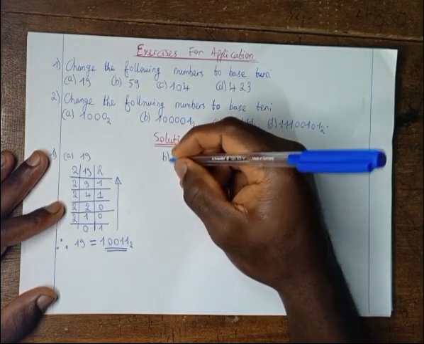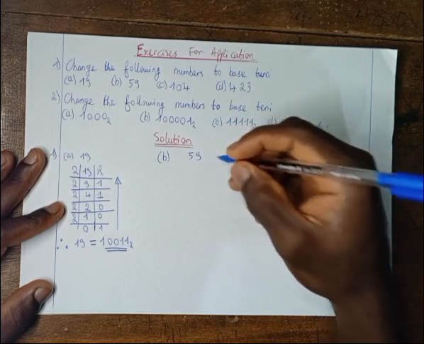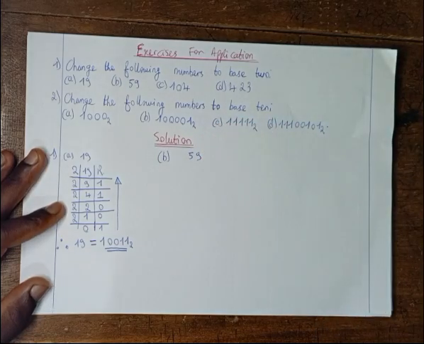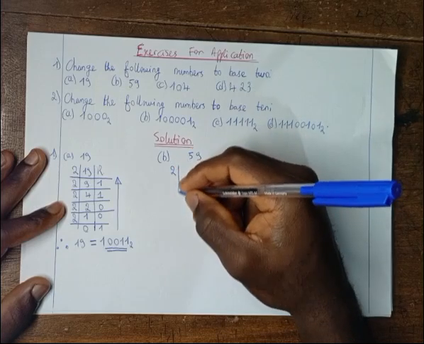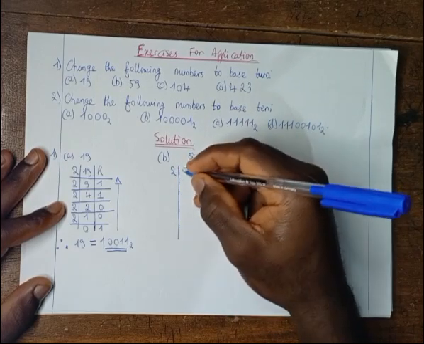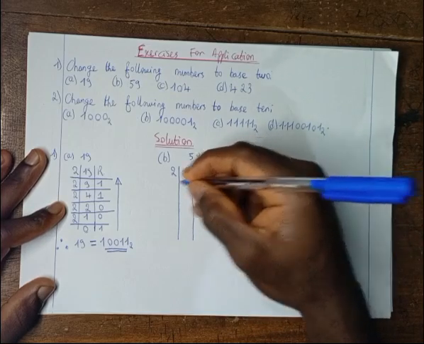Next, for B, we have the number 59. We are going to make use of repeated division. For the first column, we are going to have the number 2. And for the second, we have 59. Then for the third column, we have the remainders.